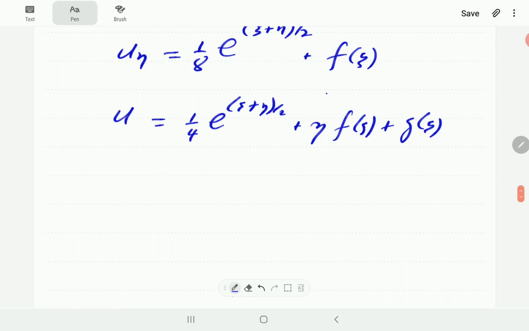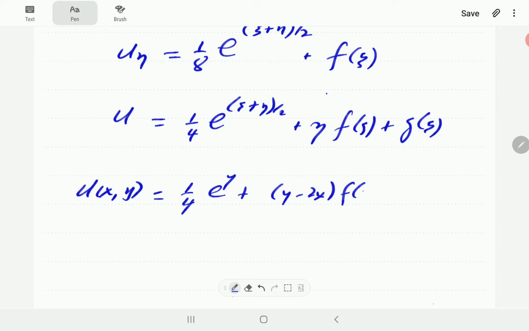And then in terms of the original variables, 1 over 4 e to the xi plus eta over 2, in terms of the canonical coordinates, is just y. Then here we've got y minus 2x times f of y plus 2x plus g of y plus 2x.